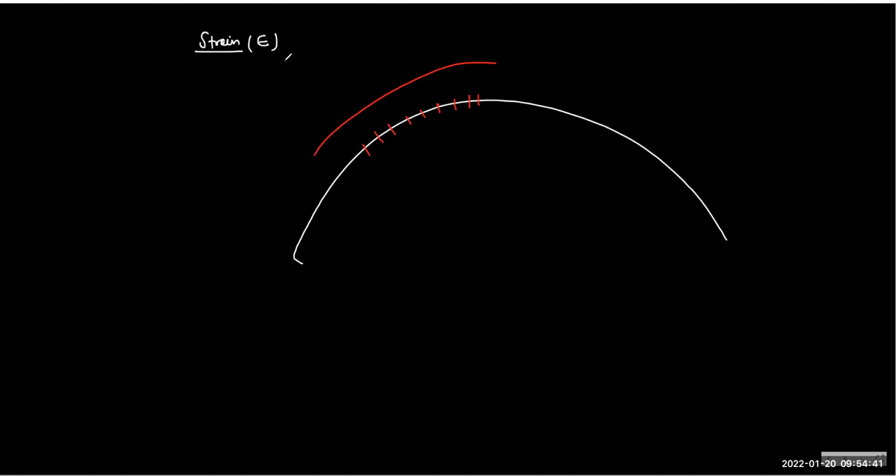So what is epsilon? Epsilon is the Greek symbol. This is epsilon, not E. You write C and then cut it.